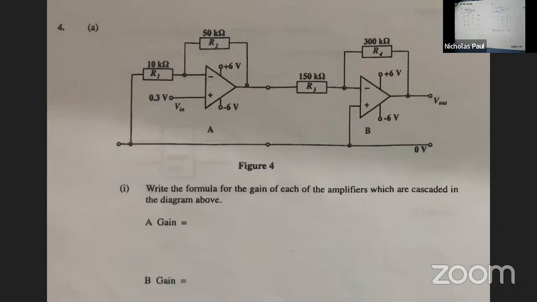Shivani, what type of op-amp is the next one? A was a non-inverting and B is a what?